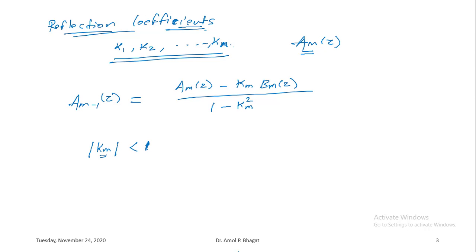So if this reflection coefficient mod km is less than 1 for all m, because we'll be initially identifying it for m, then m minus 1, then m minus 2, and so on, that is m is 1, 2 up to n, then we can say that the system is stable, right? So that is, if mod km is less than 1, system is stable.